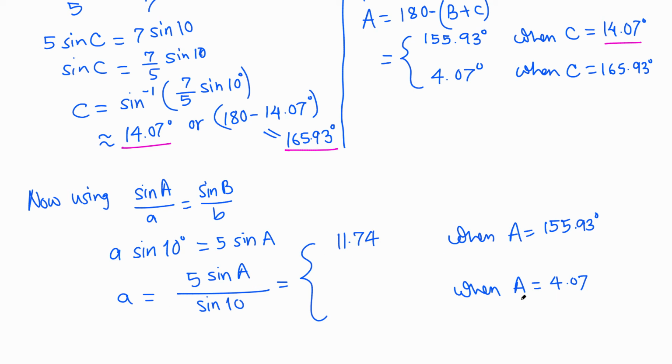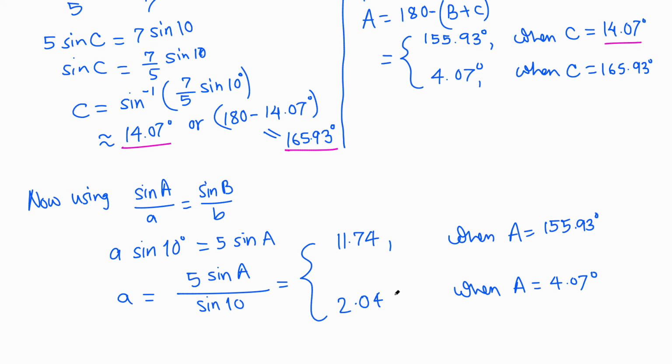Now angle A is 4.07, so this side a should be very small as well. Plug in A equals 4.07 degrees: 5 times sine 4.07 degrees divided by sine 10. Using the calculator, it comes out to be 2.04.